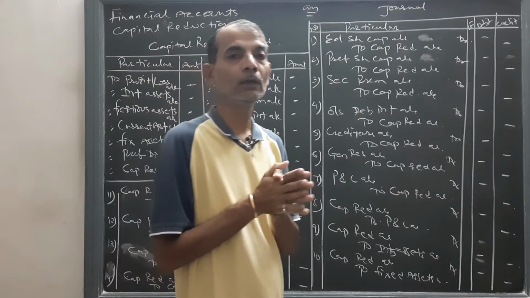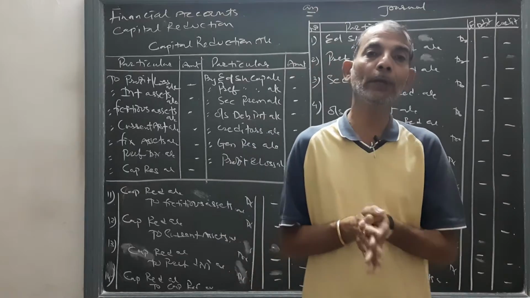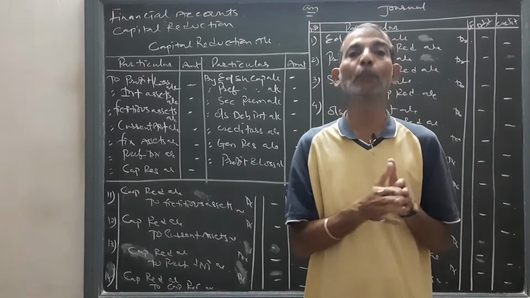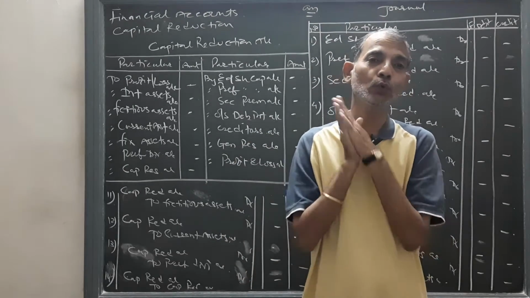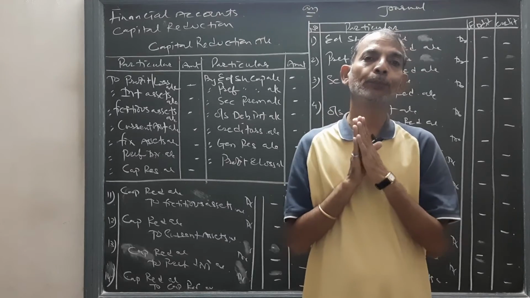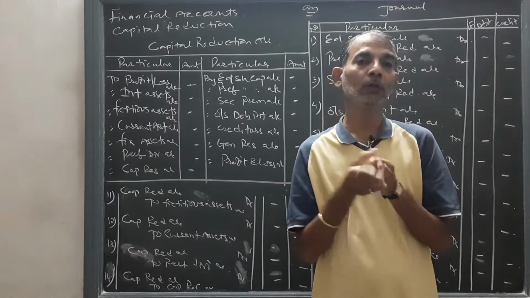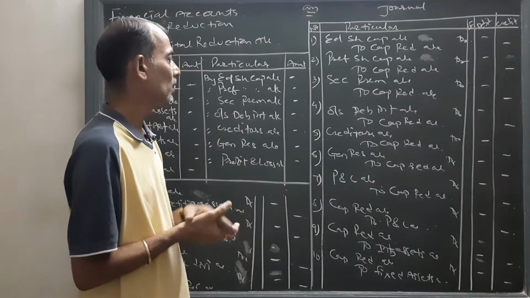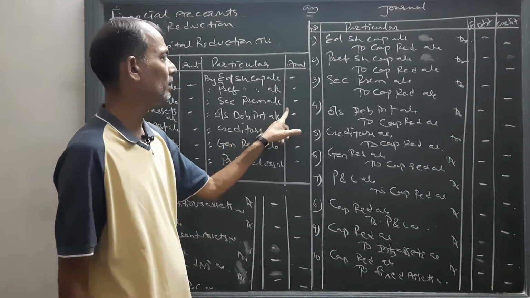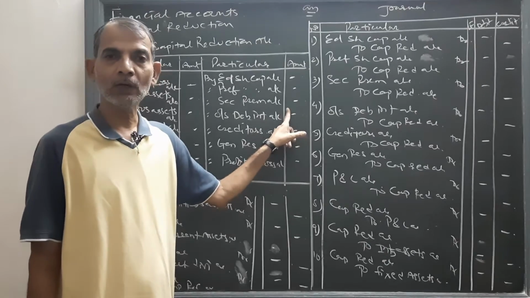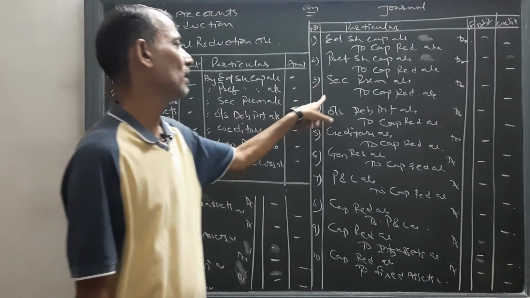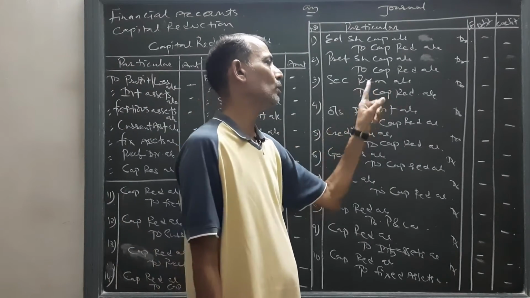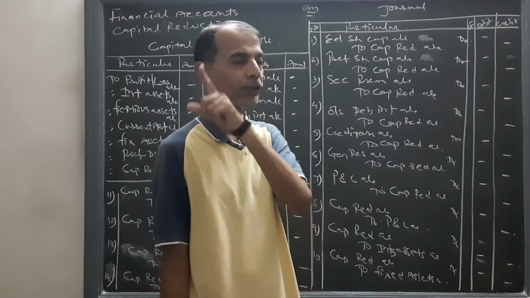If there is a securities premium in the balance sheet and the company wants to utilize the amount, the amount utilized is written on the credit side of the capital reduction account, and the entry is securities premium account debit to capital reduction account.